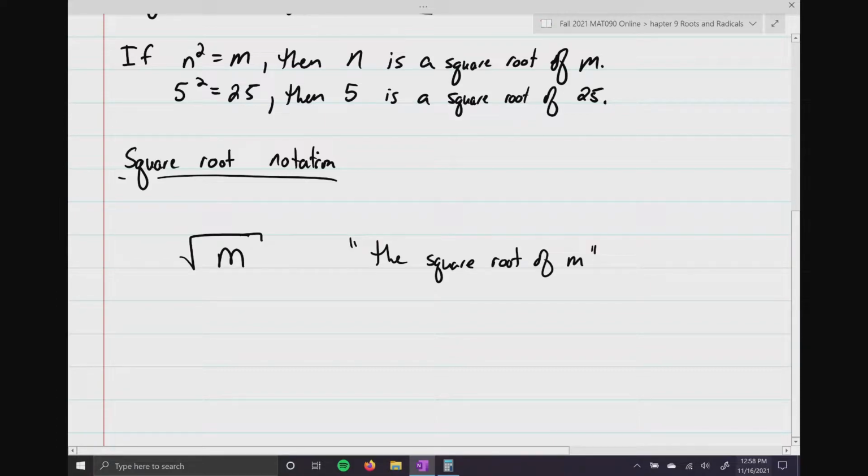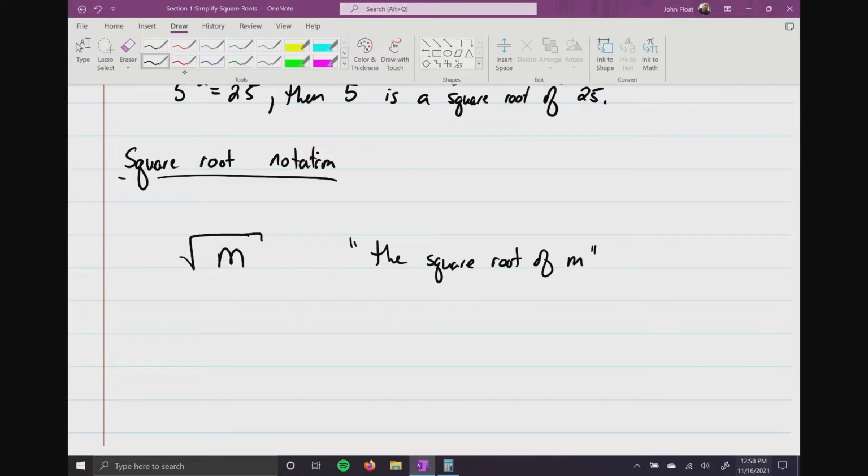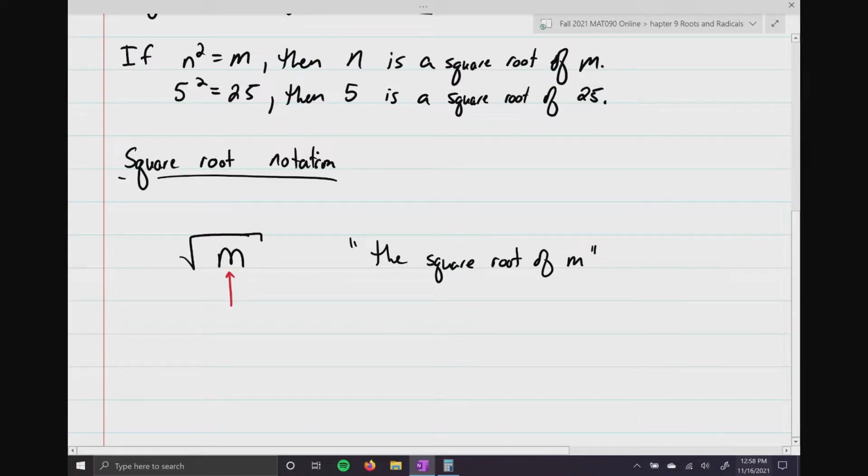Now, the letter m is called the radicand. So that has a special name. The symbol that we use is called the square root symbol. Another word for it is the radical sign. It depends on who you talk to.